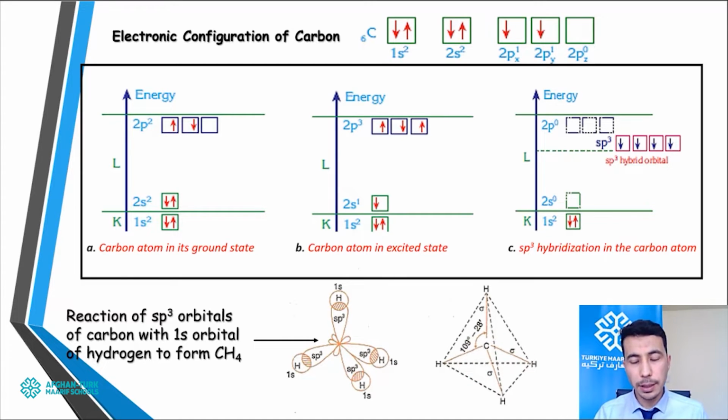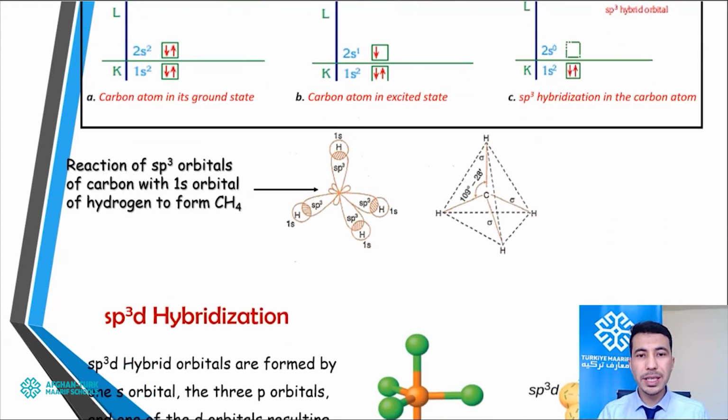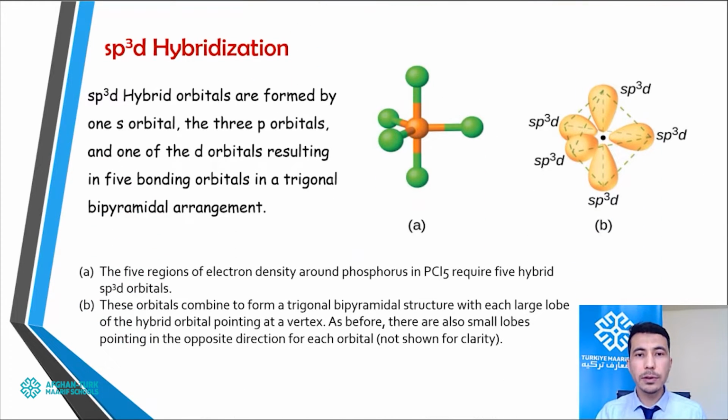This was sp3 hybrid. Let's study sp3d hybridization. As is obvious from its name, in sp3d hybridization, 1s, 3p and 1d orbitals combine with each other and form 5 hybrid orbitals. All of them are known as sp3d orbitals. This is an example. It's the molecule of phosphorus pentachloride.